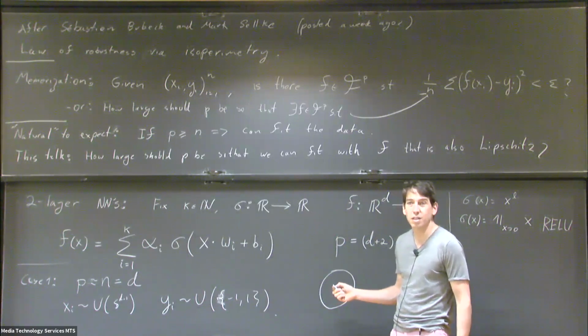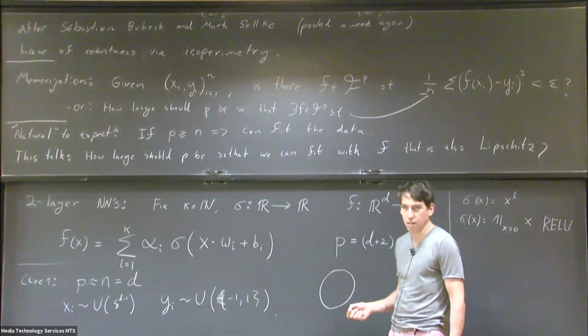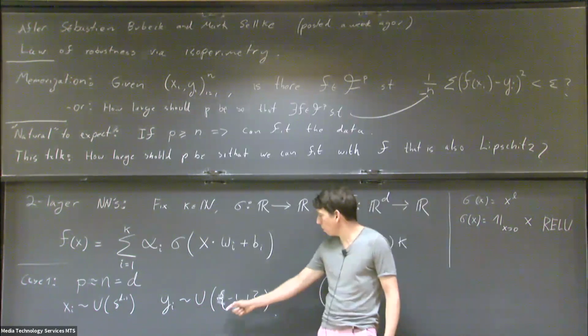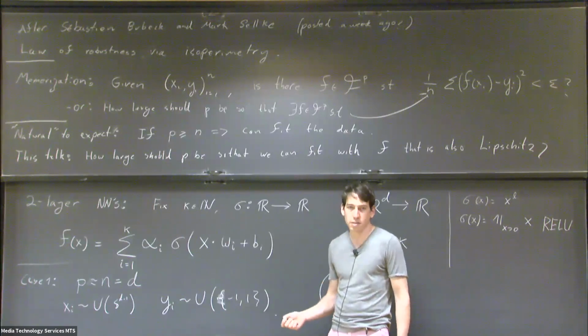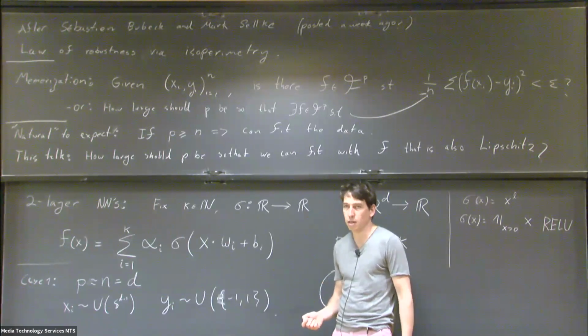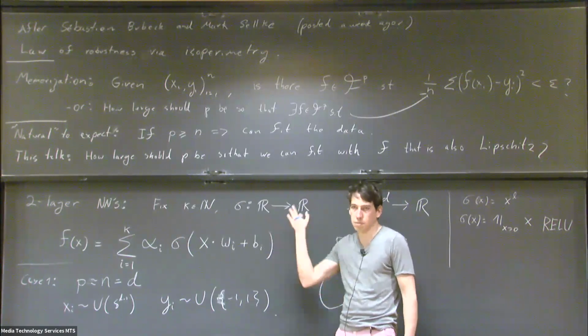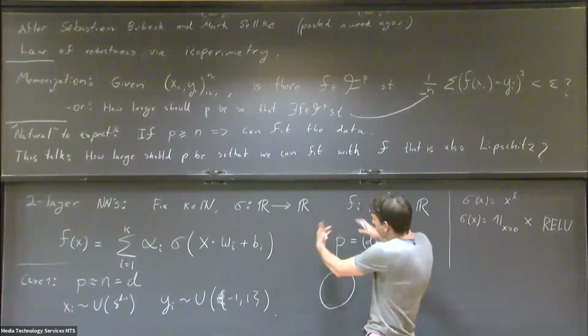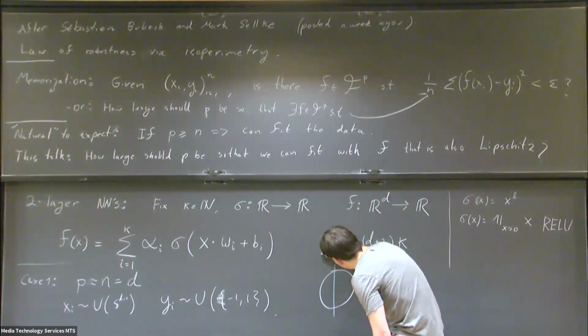Root n, yeah. So let's look at all the xi's where yi is equal to 1. Those lie on some subspace, so we can rotate things so they all lie on this subspace.